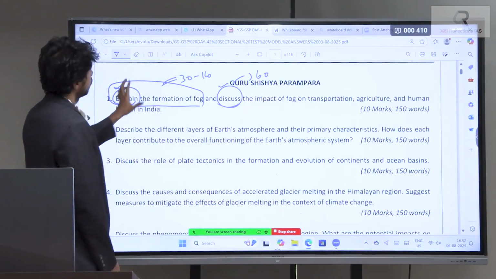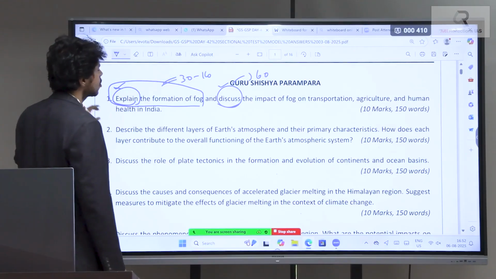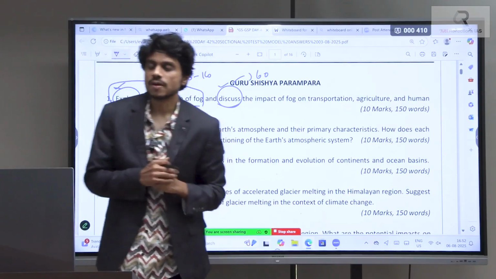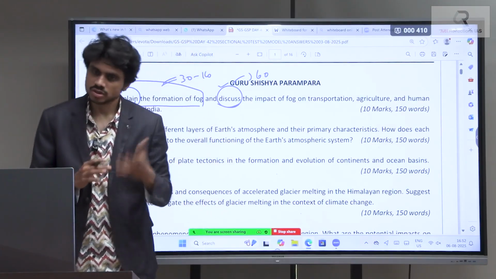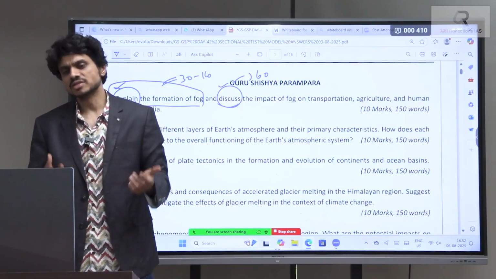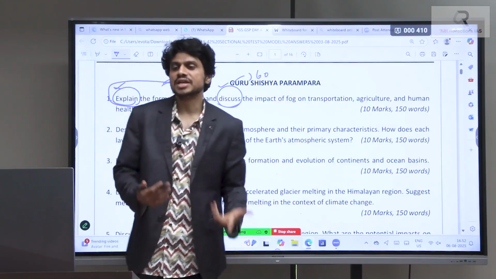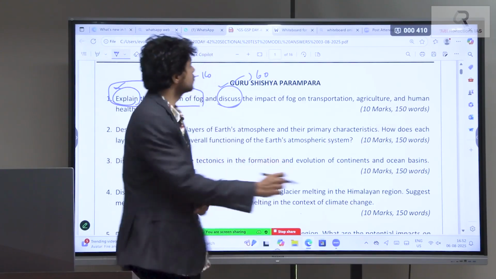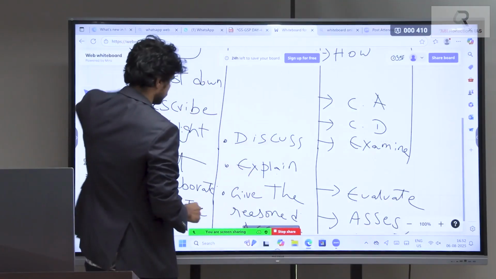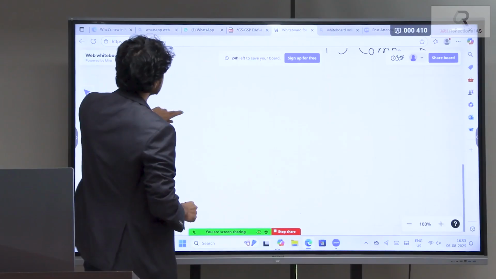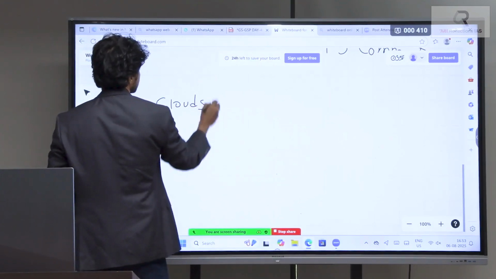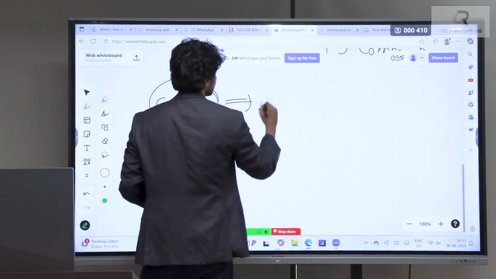So now what should be the concept here? Explain the formation of fog. What is fog? It is basically cloud at the ground level. On the ground, you have got the cloud. Clouds form based on condensation. Condensation means there is a change of state of the gases and water vapor. What are clouds? Clouds are nothing but they are formed because of condensation.